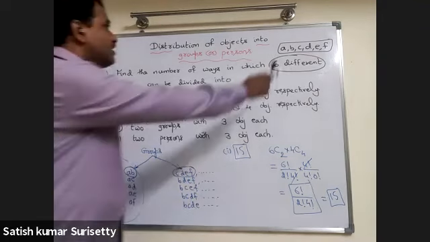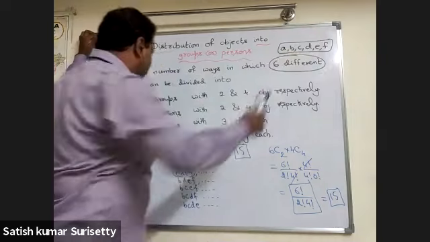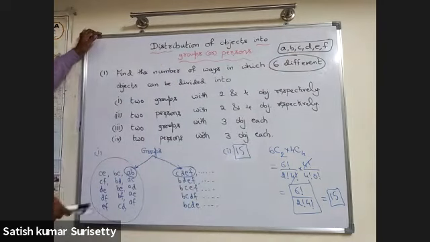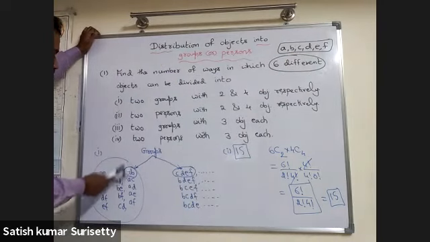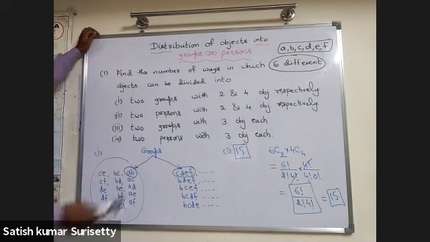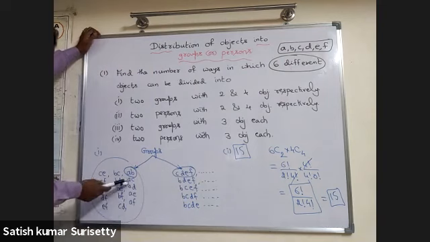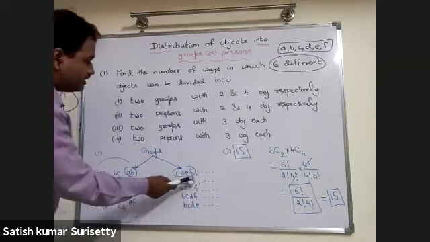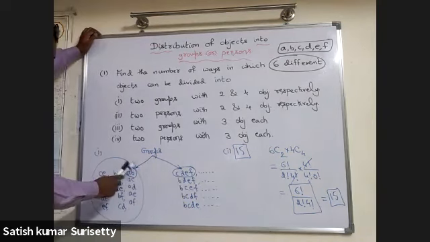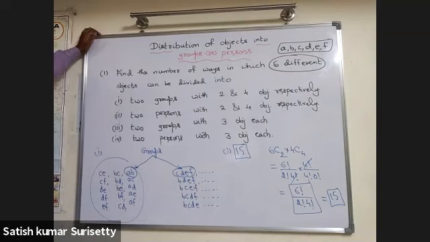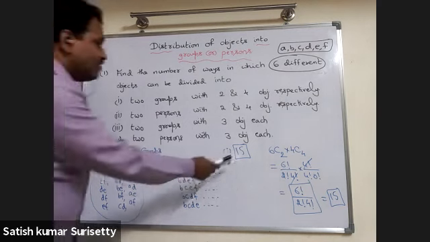If I take A, B to the first group, then the remaining objects C, D, E, F will be in the second group. Like that, if A, C is in the first group, then B, D, E, F will be in the second group. If I go on to write all possibilities, there will be 15 possibilities. That means the answer will be 15.